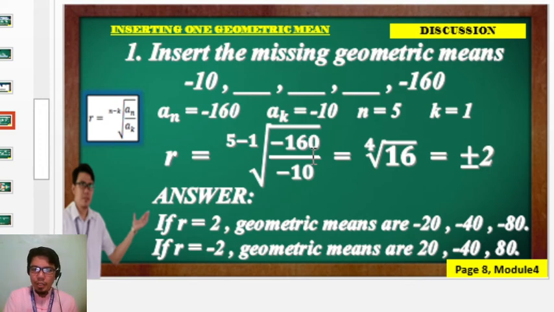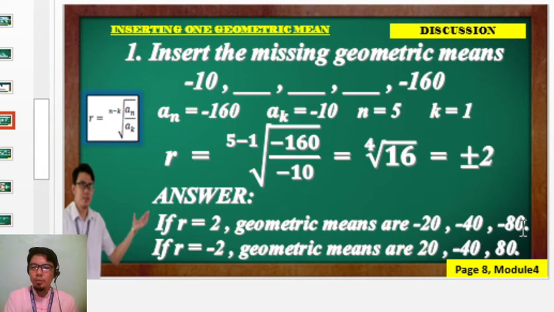So first, divide negative 160 by negative 10. So that is 16, or the fourth root of 16, which is positive or negative 2. So therefore, for our answer, if r is positive 2, the geometric means are negative 20, negative 40, and negative 80.